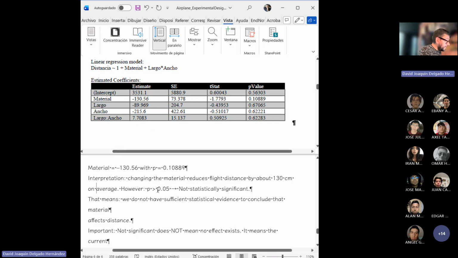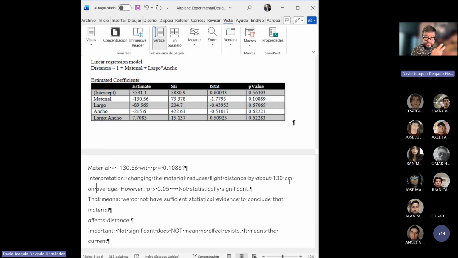But since the p-value is greater than 0.05, which is the critical value for this analysis, this is not statistically significant. I will show you a very good design of experiments, and we are going to see how these values change.